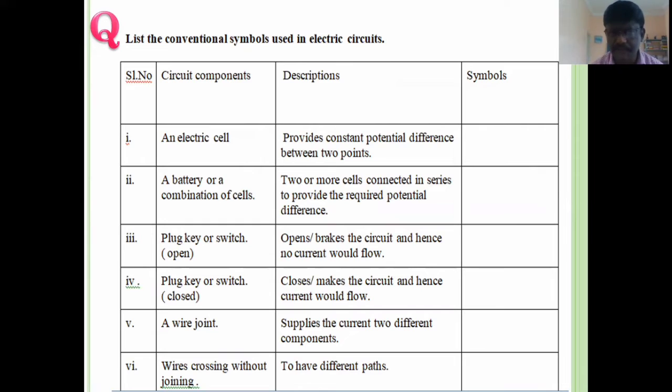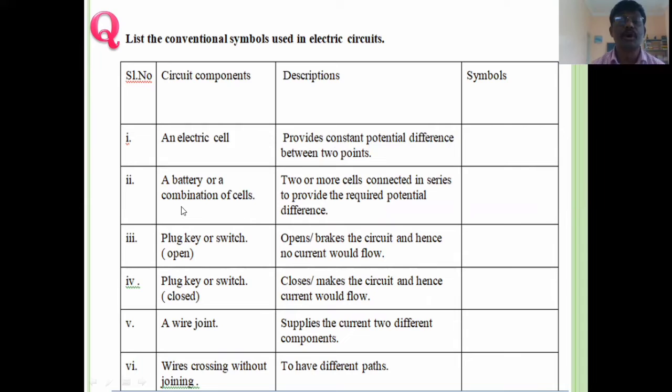What are all these? Electric cell is the one which provides constant potential difference between 2 points. We know to make the charges flow, we need potential energy that is provided by electric cell.